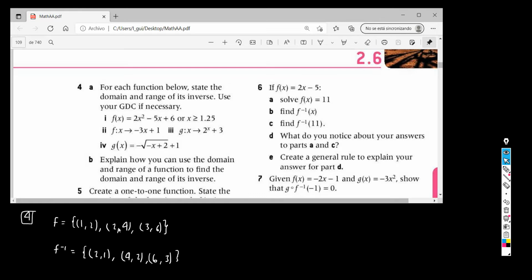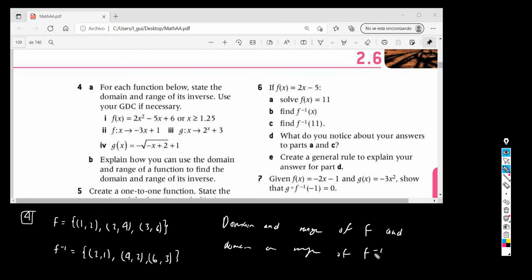I need you to understand this deeply. What is the relation between the domain and the range of a function f and the domain and range of its inverse function?